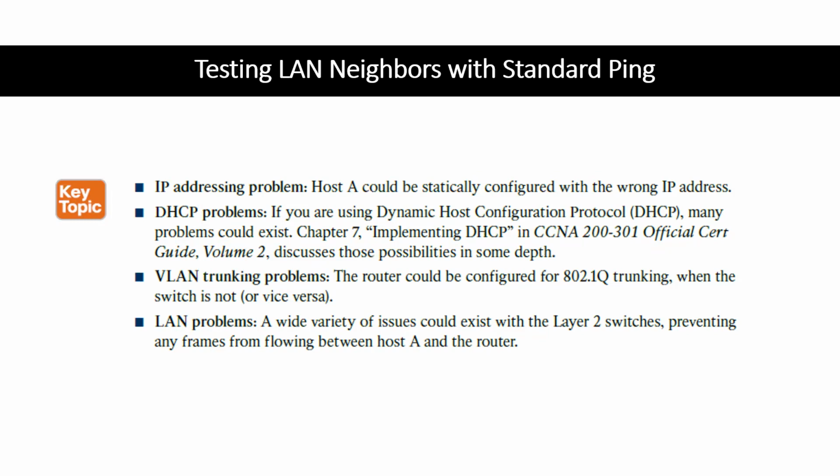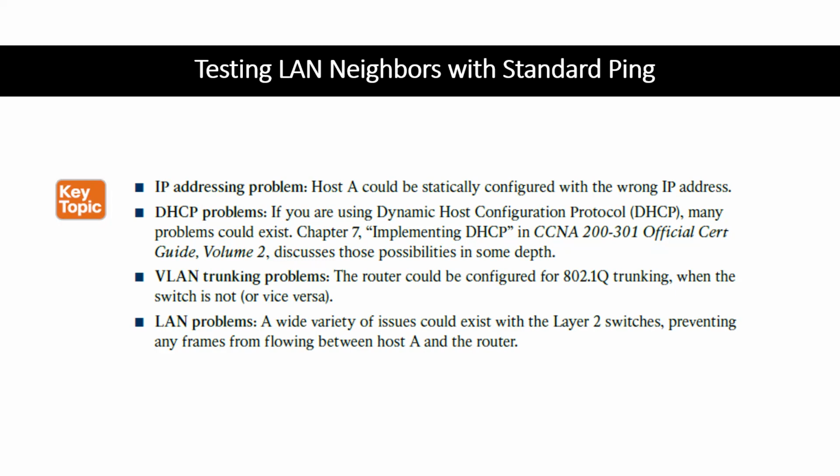Maybe I can't reach something because a host doesn't have an IP address. Antoine, being the engineer, knows that he has DHCP configured. Maybe this host does not have DHCP configured. So we need to see what's going on and check that configuration. Maybe there's a switch in the middle, or multiple switches in the middle, that the engineer has configured.